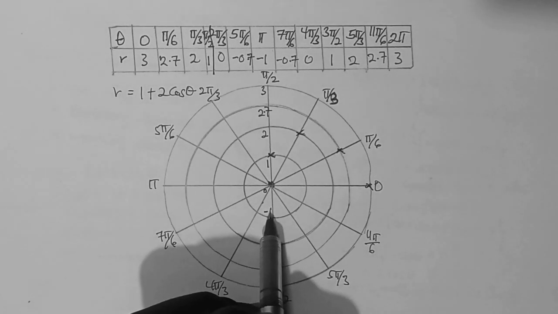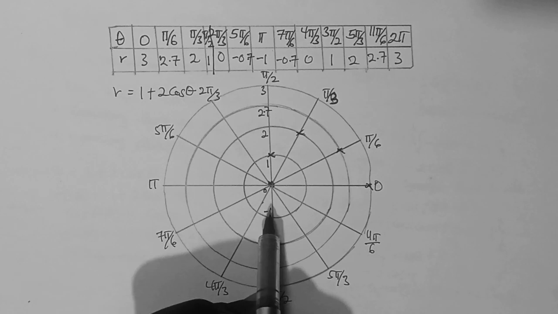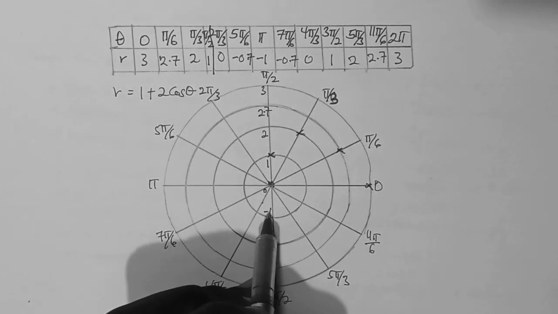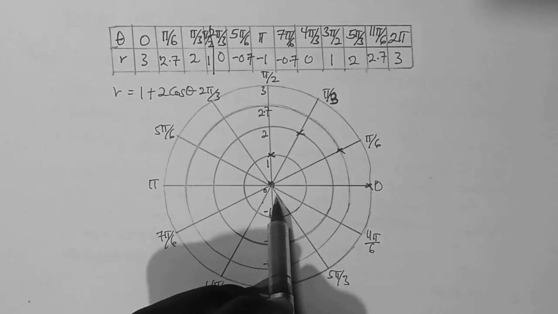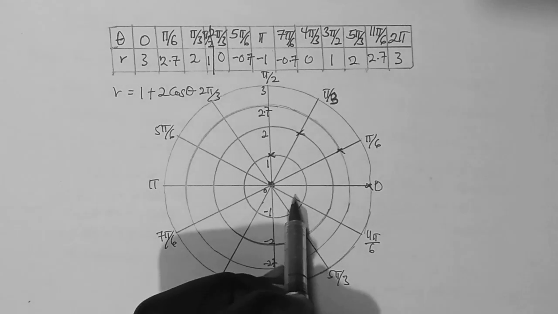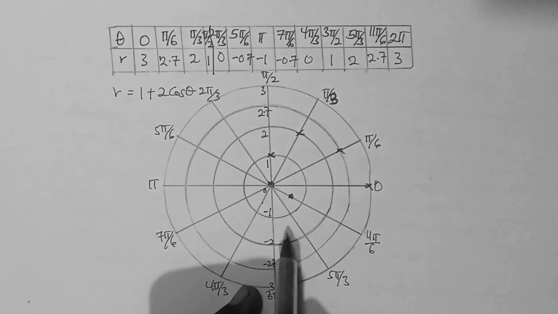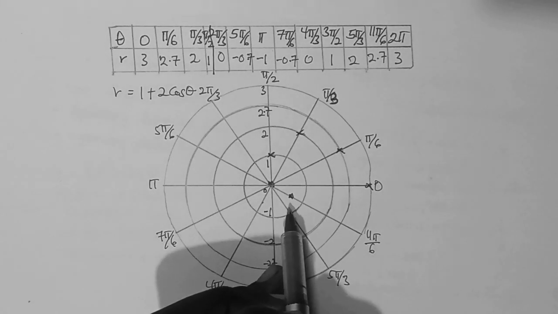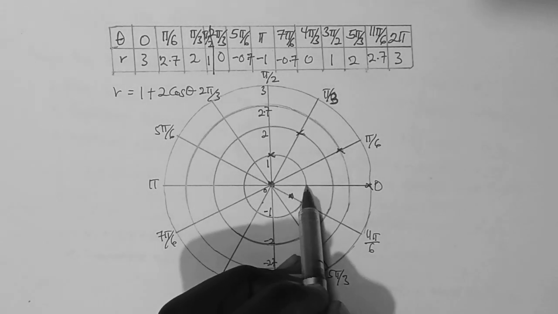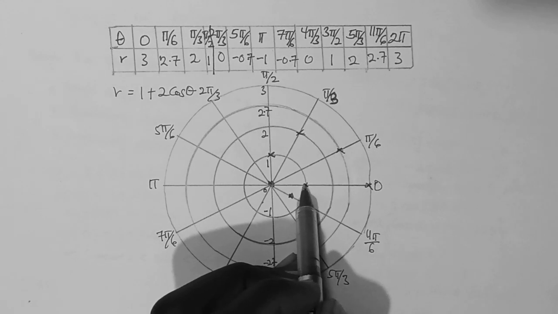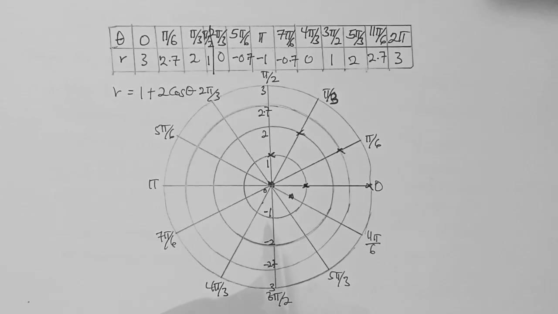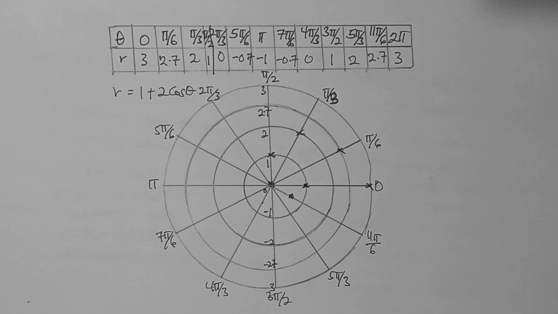So minus 0.7 is greater than minus 1, and therefore this will be a little bit less than minus 1. So let's assume that it is somewhere here. And then pi is minus 1. So this is pi. Pi is minus 1. And that is here.